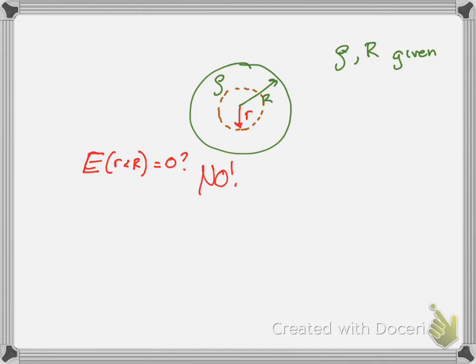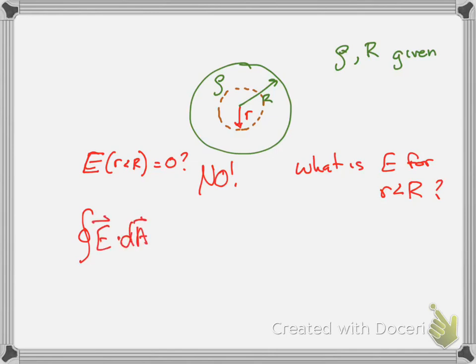So let's go ahead and calculate what is E for little r less than big R. Well, that's easy enough to do, right? We're going to apply Gauss's law. The integral of E dot dA equals the charge enclosed over epsilon 0. And again, this is E dot dA on the left-hand side.